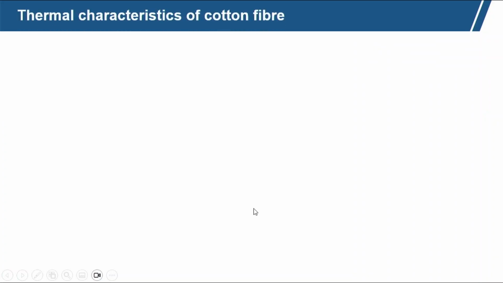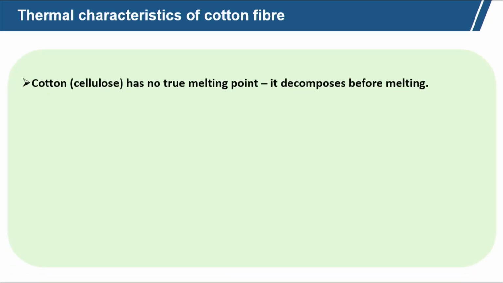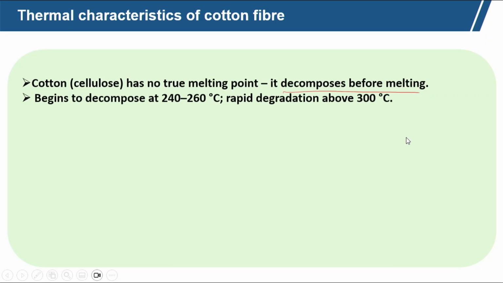So, thermal characteristics, if you see here, it does not have any true melting point, but it decomposes at high temperature, before melting. It starts decomposing at around 240 to 260 degrees Celsius, and rapid degradation takes place above 300 degrees Celsius.